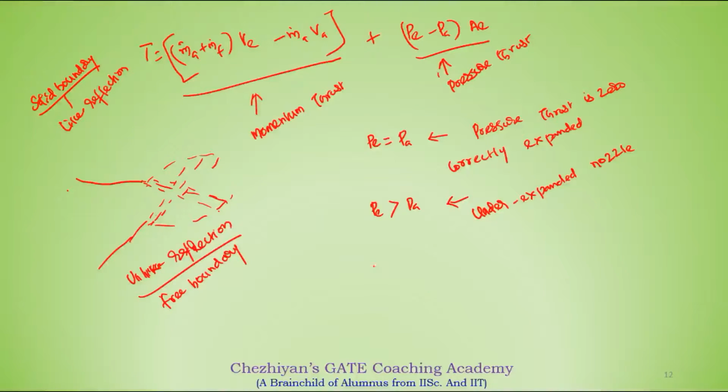And the next case, PE is going to be less than PA. Here the nozzle is going to be an overexpanded nozzle. At the exit of the nozzle you are going to see an oblique shock formation. Again, because the boundary is a free boundary, you are going to have unlike reflection, and your oblique shock is going to reflect as an expansion fan.